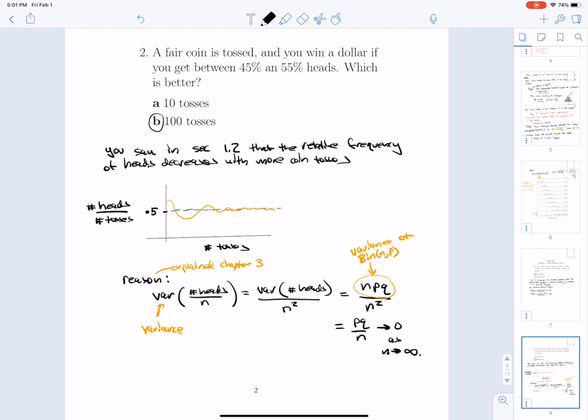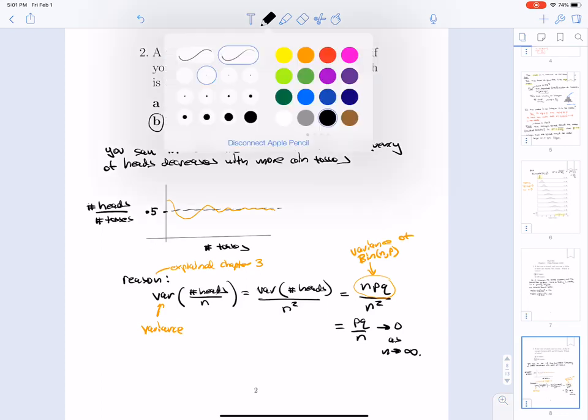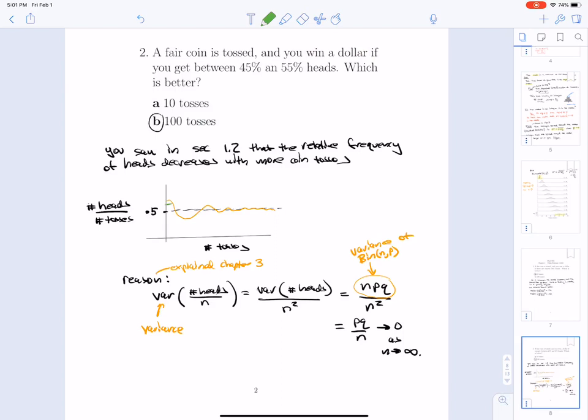As you get more tosses, the proportion of heads converges to, in this case, 0.5, and so between 45 to 55% may represent an interval like this.